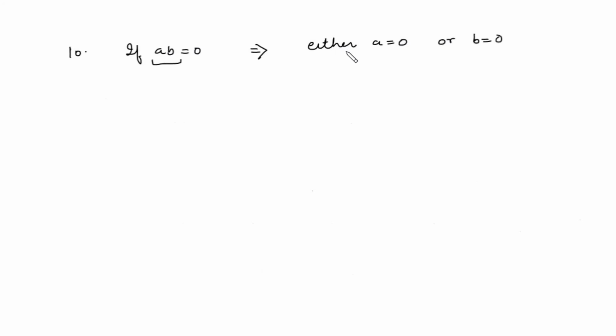It might be that both are 0, but this always holds: either A is 0 or B is 0. So these are the operations and properties which hold in the case of real numbers.